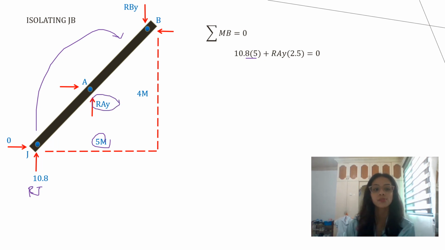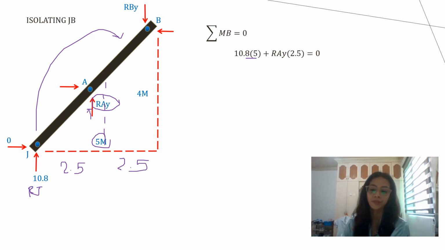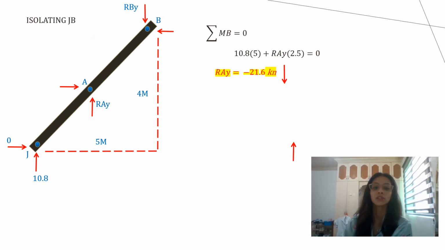It is pointing upwards, and since we divide this into 2, this is 2.5, so RAY times 2.5. So our RAY is negative 21.6 kilonewtons. So our assumption for RAY is wrong, so this is downwards.